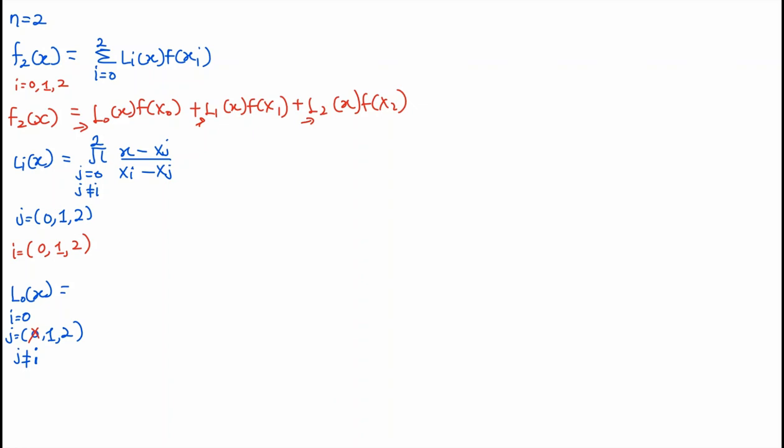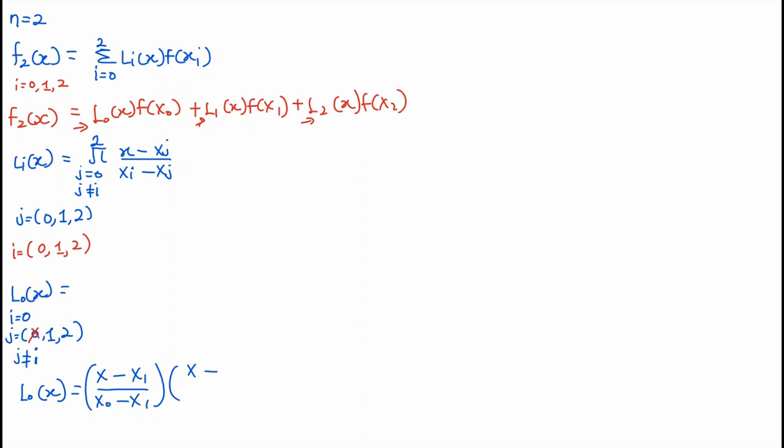So let's continue and find L0 of x. It's a product, don't forget. Let's consider the first j value, which is 1. So you're going to have x minus xj, the first j value is 1, so x minus x1, over xi. Our i is 0, so you're going to have x0 minus x1 again. And then it's a product, so you're going to have times x minus xj. What's the next j value?